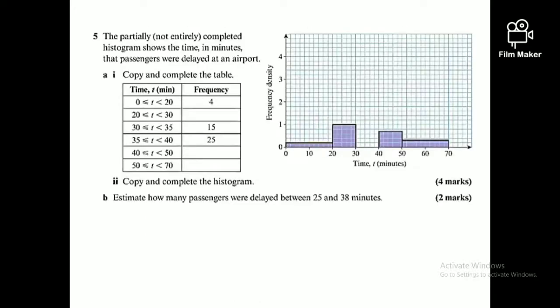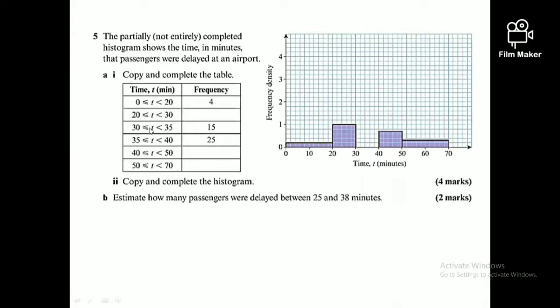Okay. The next category is 50. Now 30 to 35, that's 50. So we need to mark this diagram. 30 to 35, it's up to here. Let's see how to do it. Now you can say that the 30 to 35 gap is 5.